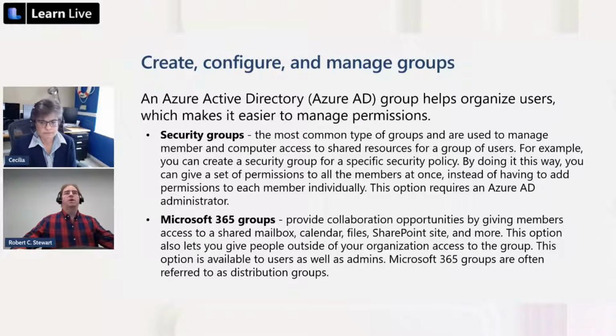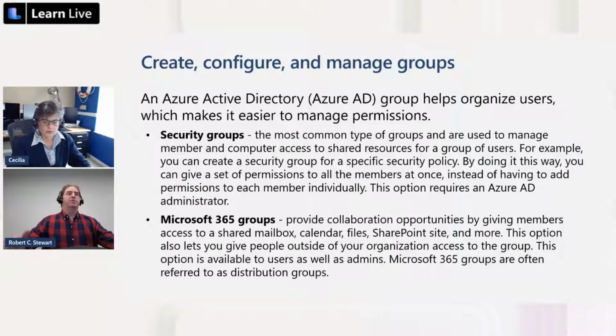Yeah, and one of the most common questions I get asked on security groups in general is, is there really a technical difference between a Microsoft 365 group and a security group? Why do we have two? Since he had already talked about M365 being about collaboration, security groups are about assigning access.